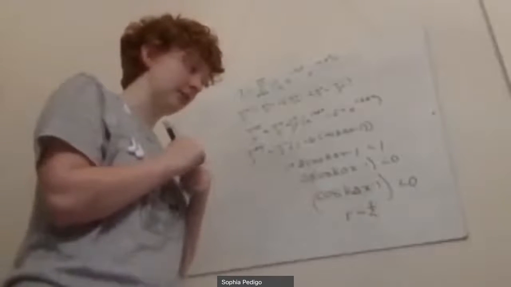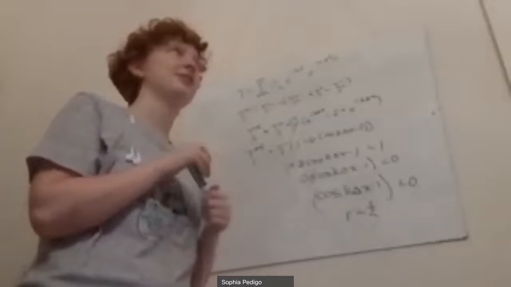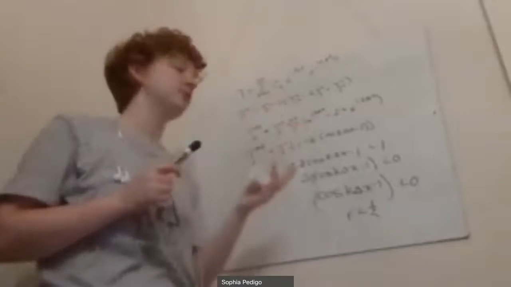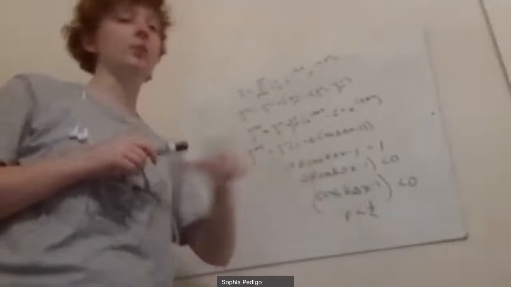So basically what this tells us is that our temperature profile equation up here is only going to be stable for values of R that are less than 1/2.